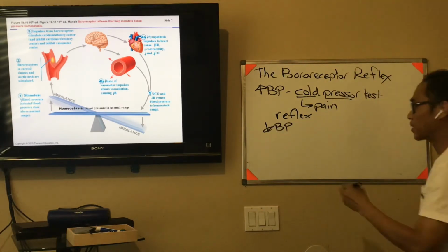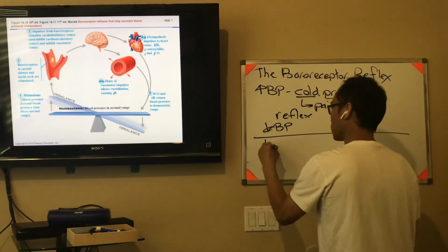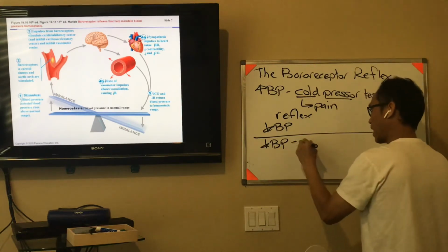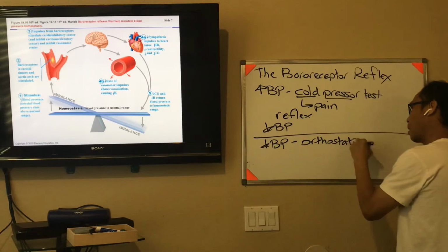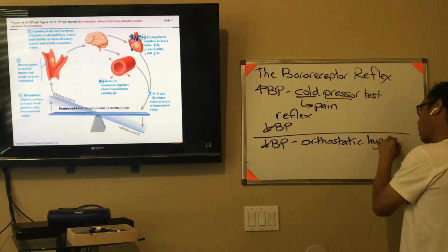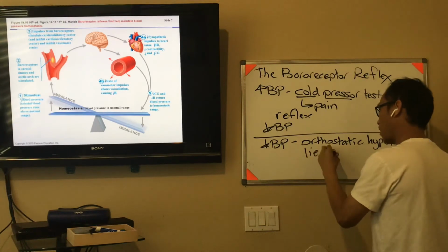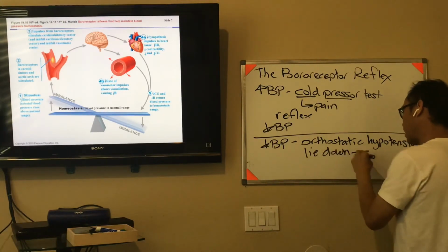And the other end of the spectrum is to do the opposite, drop blood pressure. And in the lab, we do the orthostatic hypotension, which is to say, simply lie down for a few minutes, maybe 5 minutes, and then quickly stand up.